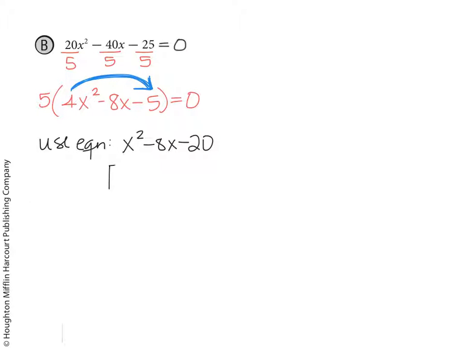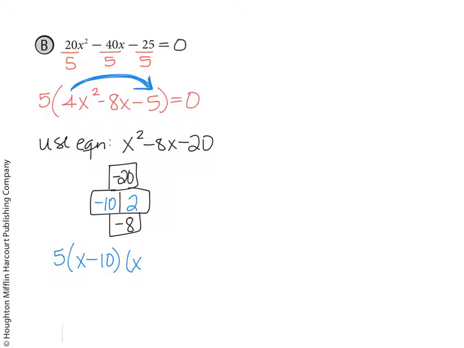So when I go ahead and make my pattern, I am looking for two numbers that multiply to give me negative 20 and add to give me negative 8. And if I think about those for just a minute, I think I'm going to come up with negative 10 and positive 2, which means my factors are going to be 5 times, let's see, x minus 10, x plus 2.